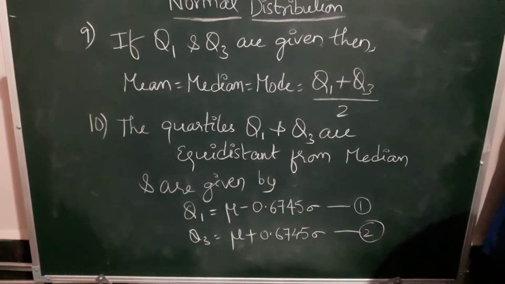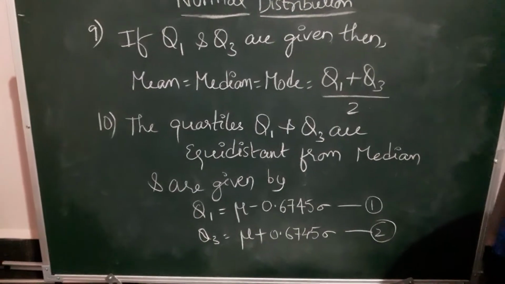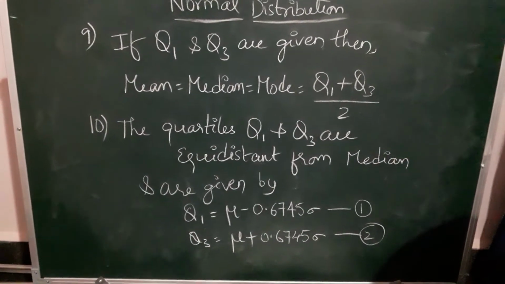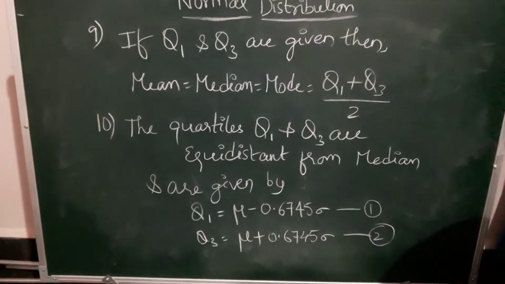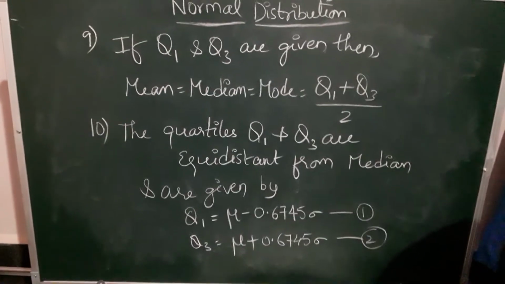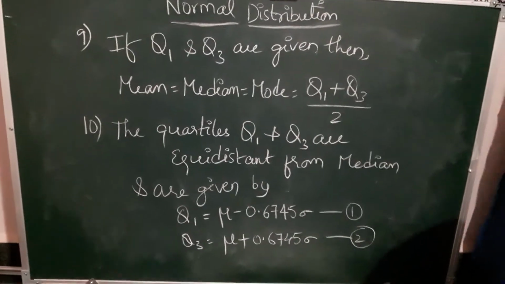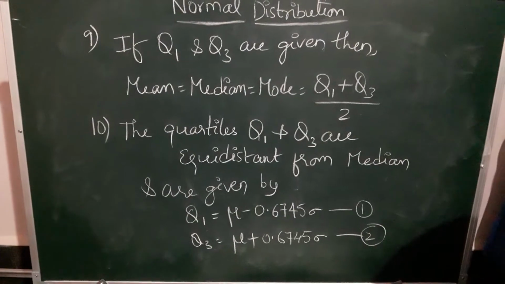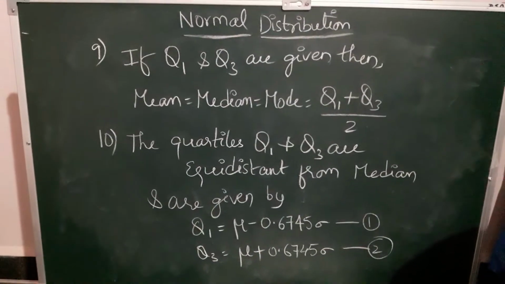That 2 by 3 sigma is nothing but the distance covered from the median to the lower quartile and from the median to the upper quartile. Remember. What is the value of 2 by 3? If you calculate it, you will get 0.6745 only. Right?